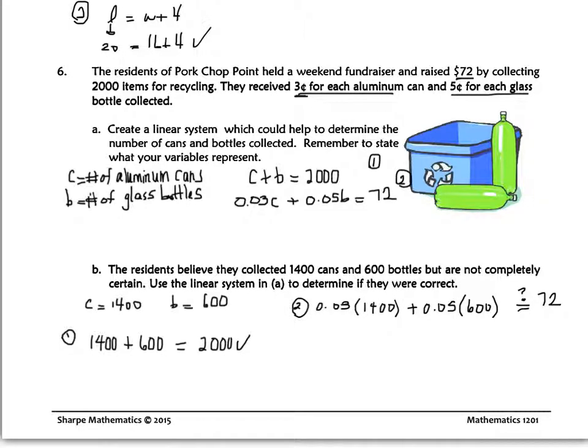So decimal 03 times 1,400 gives you 42, and decimal 05 times 600 is 30. So that does equal 72. Therefore, they were correct that they did collect 1,400 cans and 600 bottles, because it matches the information that we had for our systems.